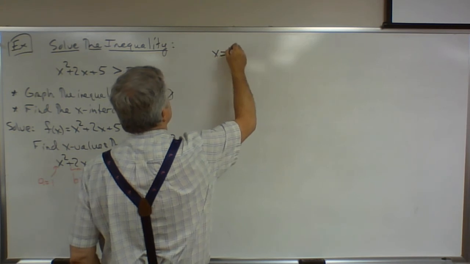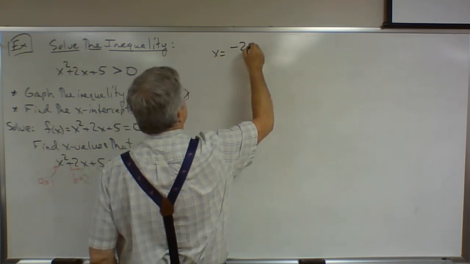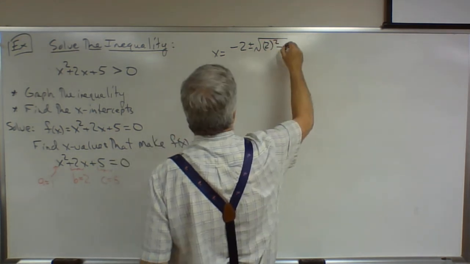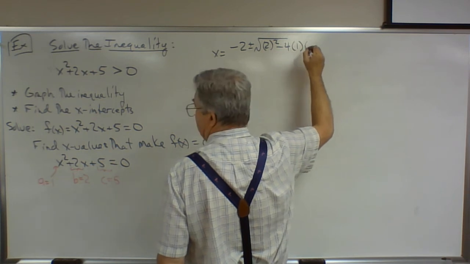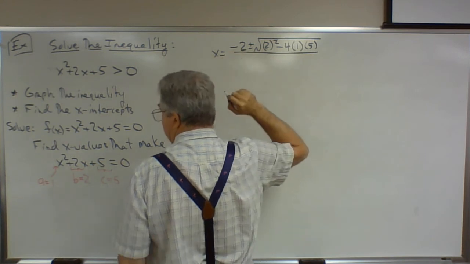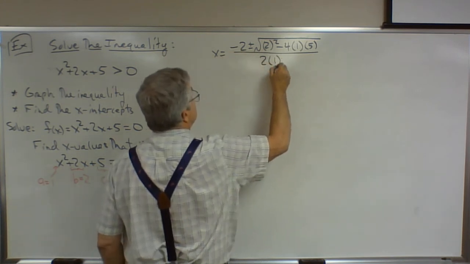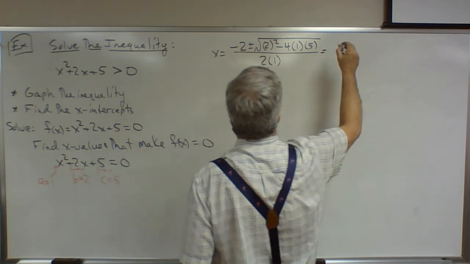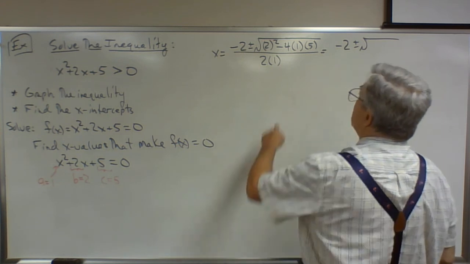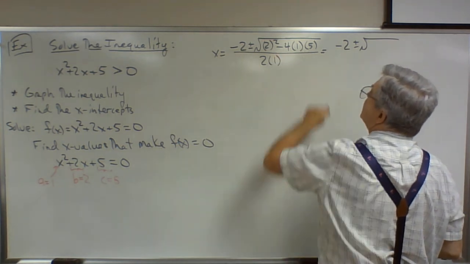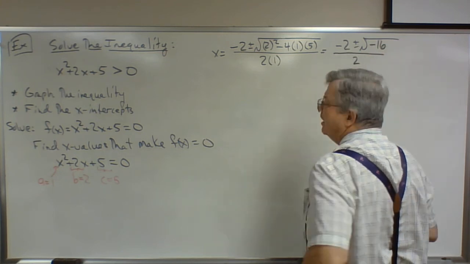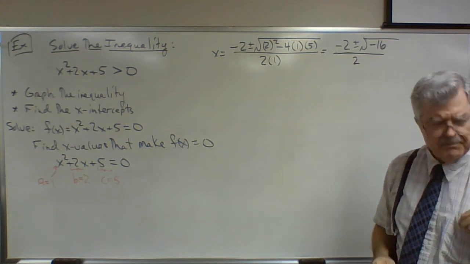And we have x equals negative b plus or minus the square root of b squared minus 4 times a times c, all over 2 times a. And we have 4 minus 20 is negative 16 over 2. Up, and you know what?